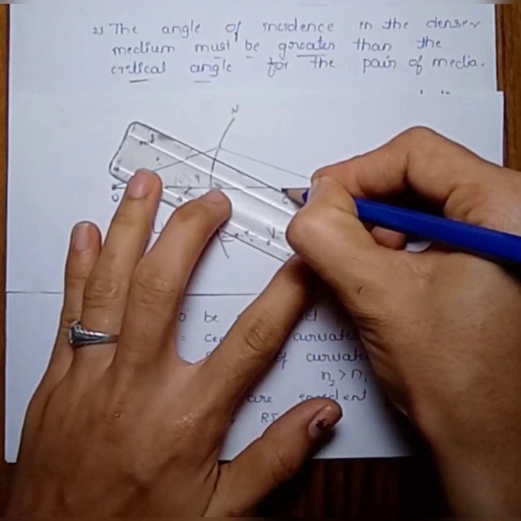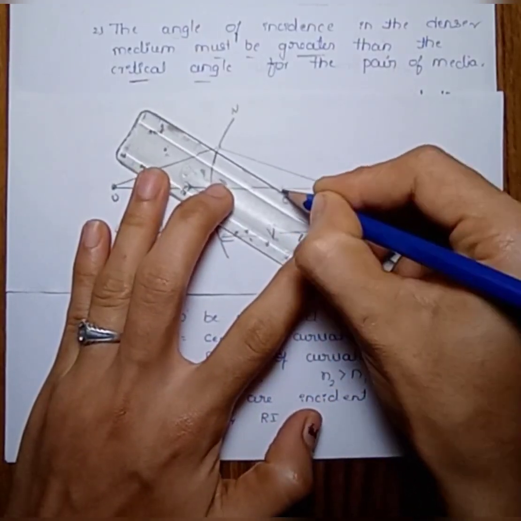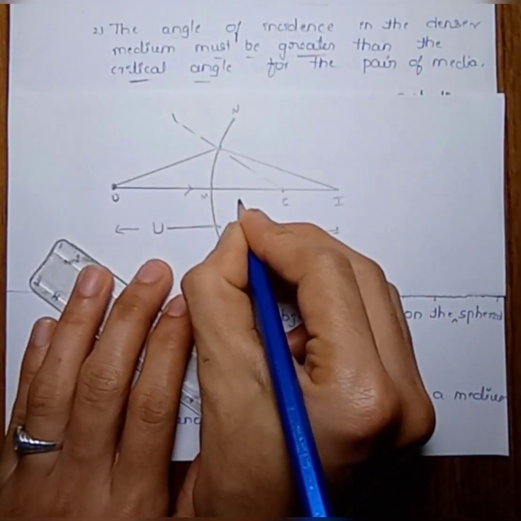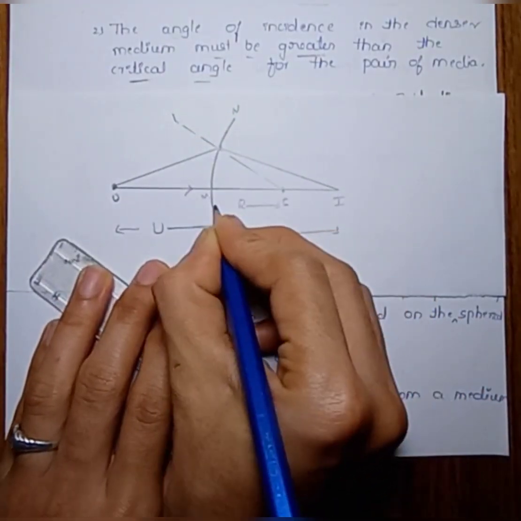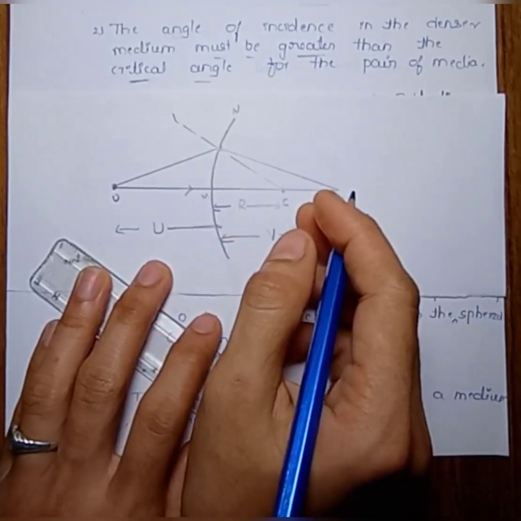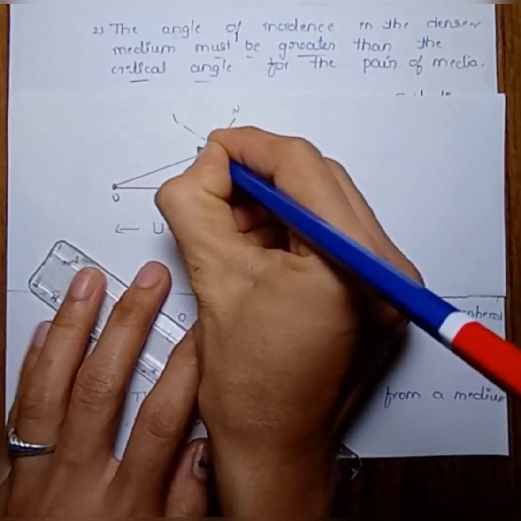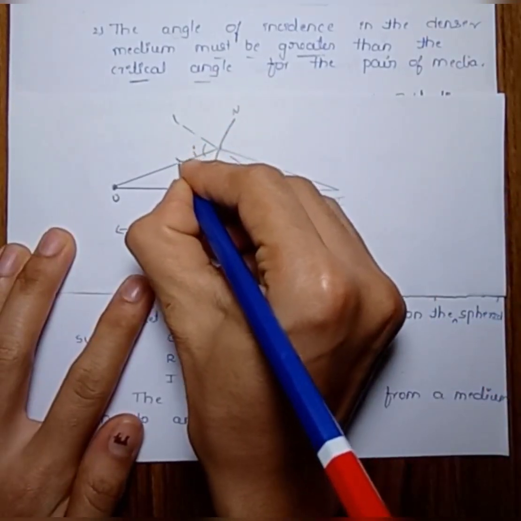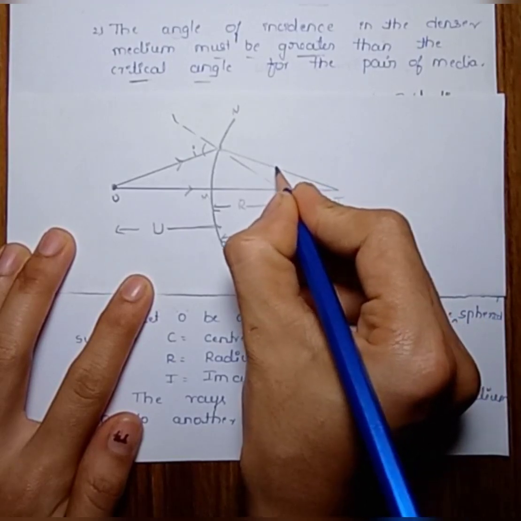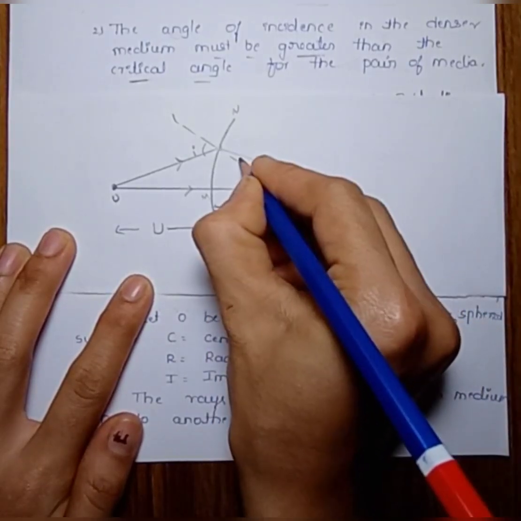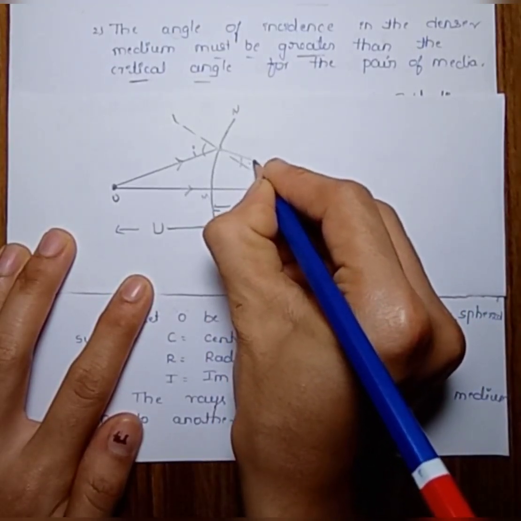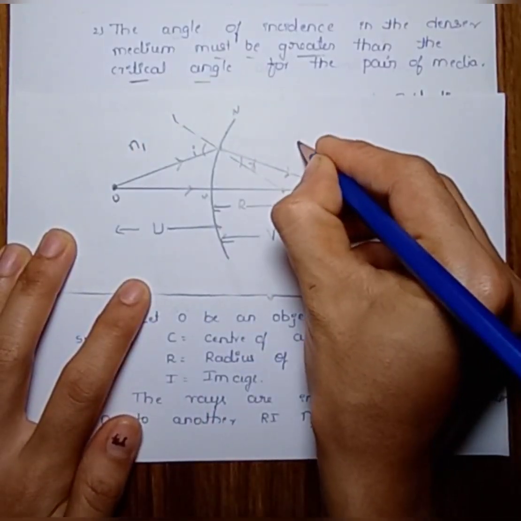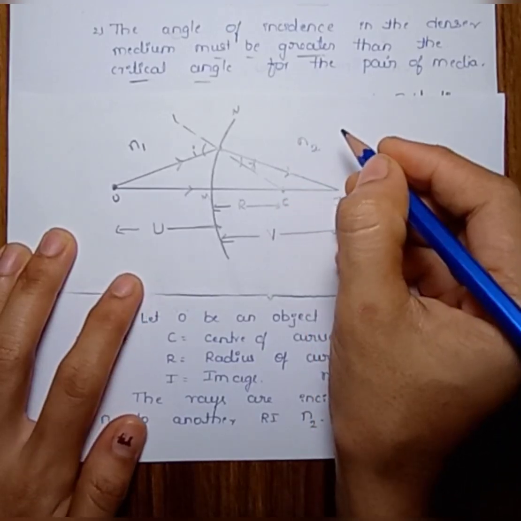Here C be the center of curvature and R be the radius of curvature from the pole, and i be the angle of incidence. The arrow mark is important here. And r be the angle of refraction. Here n1 is one medium and n2 is the other medium.